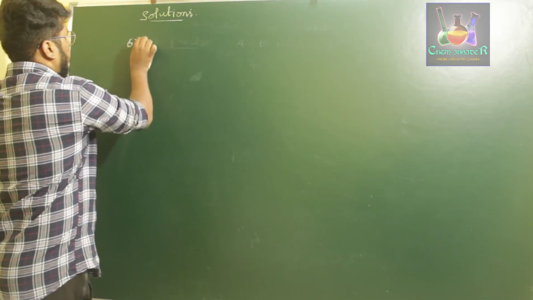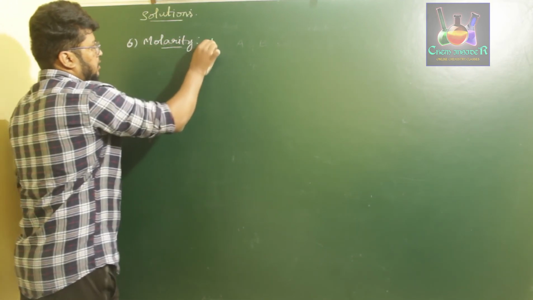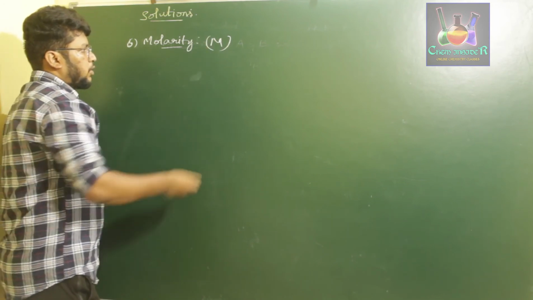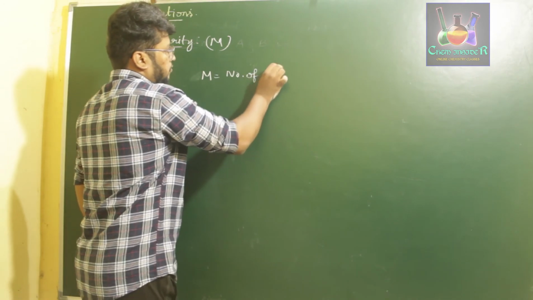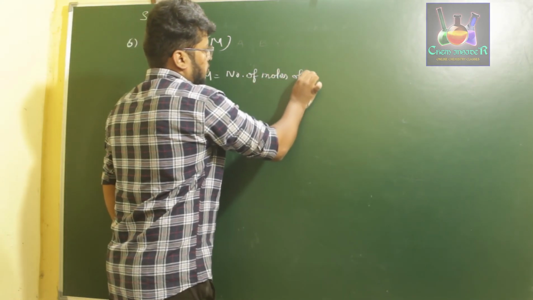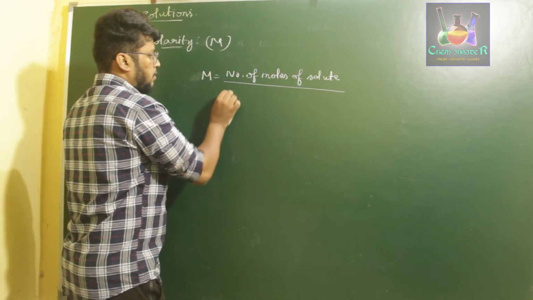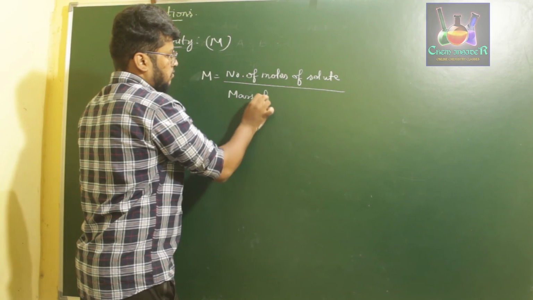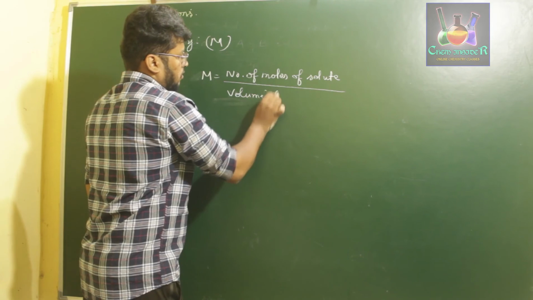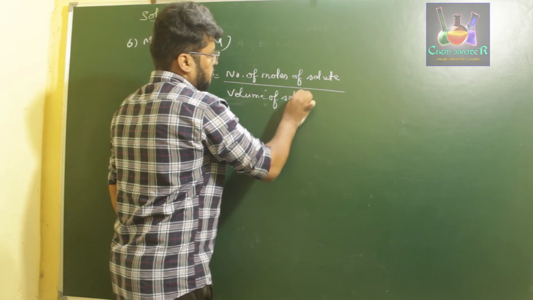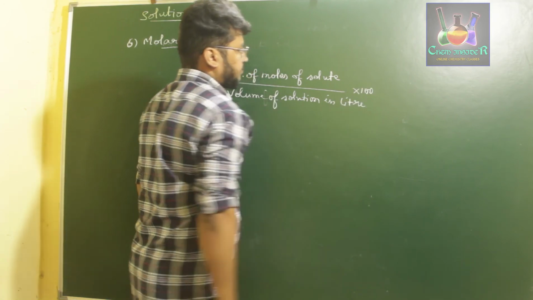Molarity is denoted by the symbol capital M. Molarity M is equal to number of moles of solute divided by volume of solution in liter.